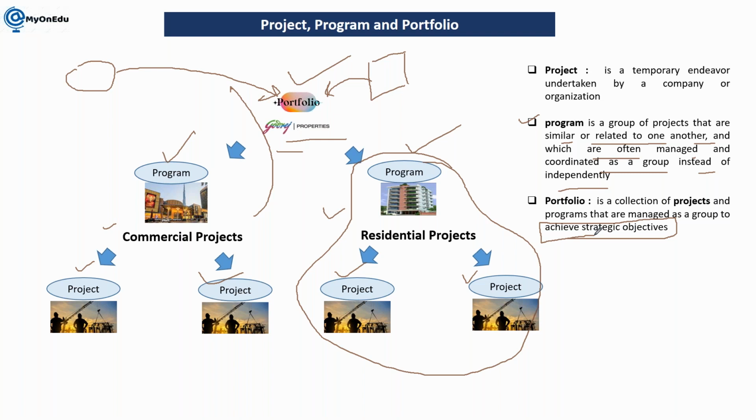So ACS and robotics, these divisions can be considered as a program, or within a division we can have different programs. Let's say I want to derive one program, for example, installation of a 133 kV substation in a particular area. That is your program, under which you are doing multiple projects to execute this program.